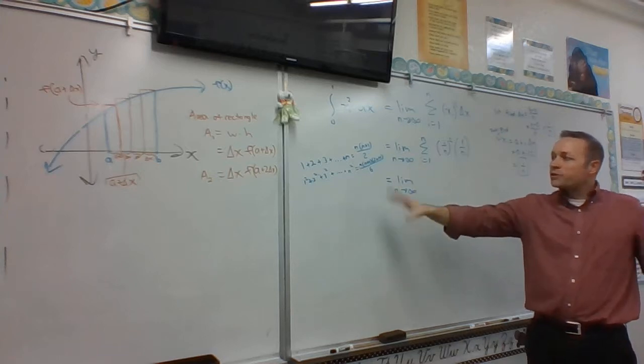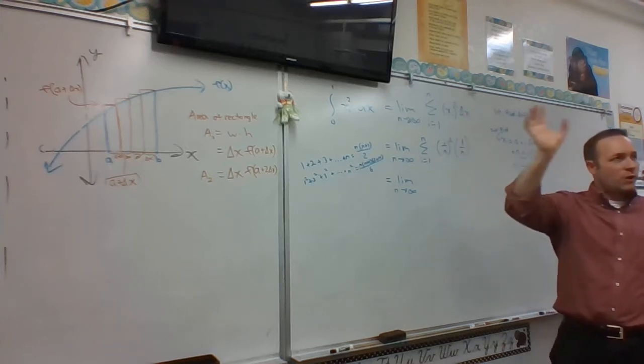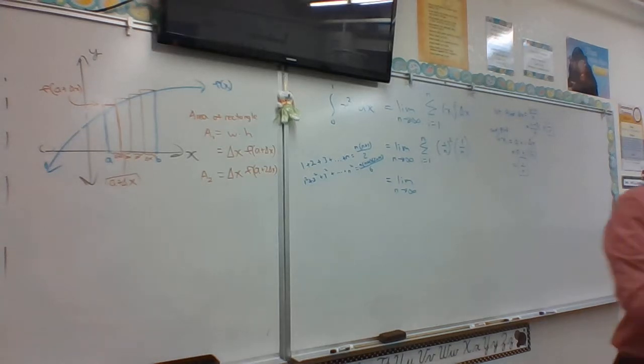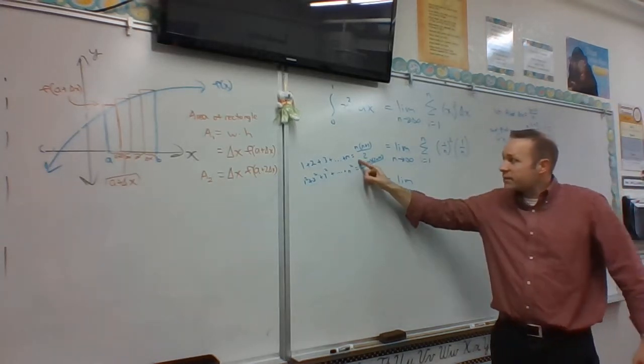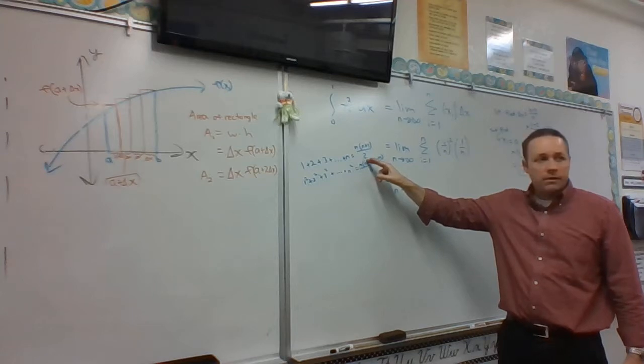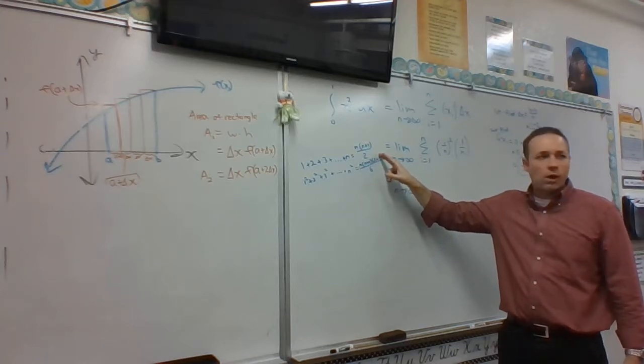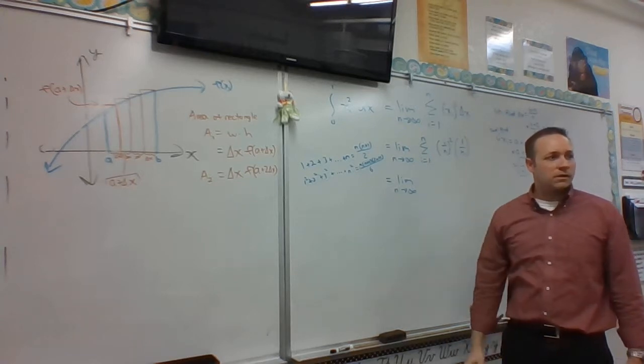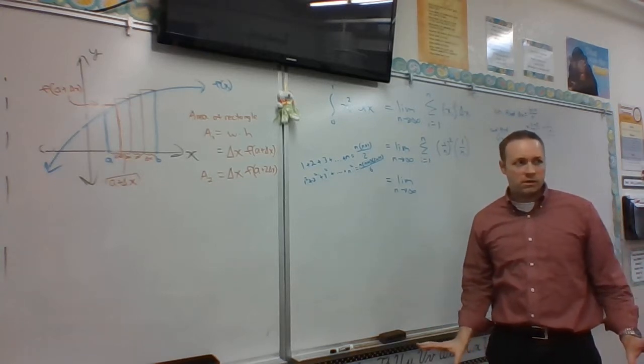In other words, 1 squared plus 2 squared plus 3 squared plus 4 squared plus 5 squared plus 6 squared plus 7 squared plus 8 squared is equal to 8 times 8 plus 1 times 2 times 8 plus 1 over 6. Right? We good with what's going on here?